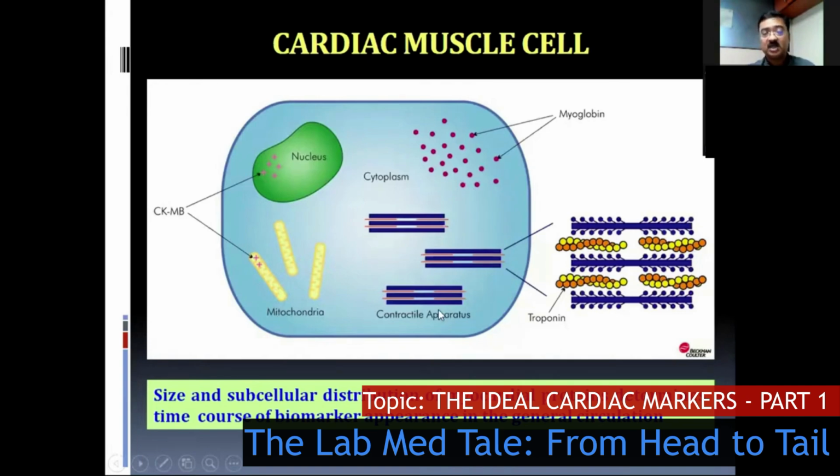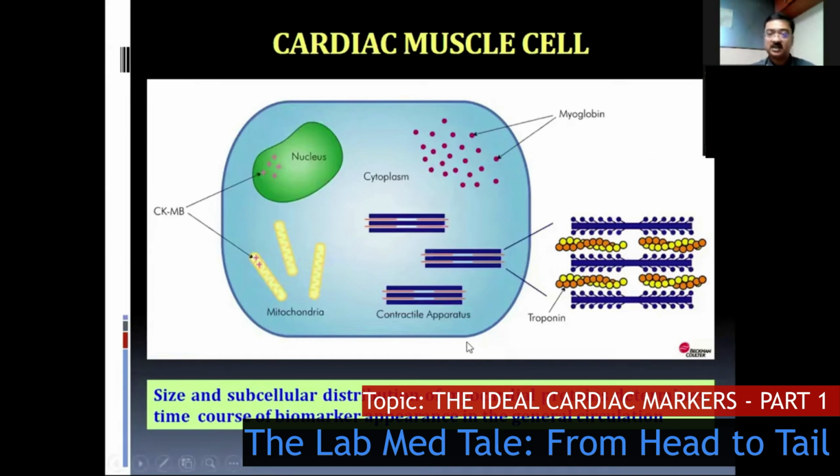So what happens immediately after injury? It is the cytoplasmic markers which come out first, and then the mitochondria and other cell organelles, which are destroyed, gradually get released into the blood after the injury. That is why myoglobin is the first to appear in blood, the earliest cardiac marker, followed by others, and only after the total cell degradation do the other markers gradually come into the blood.